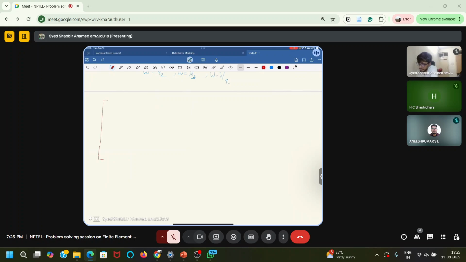I can write them as a linear system of equations, which will look like integral of d square N1 by dx square, EI, into d square N1 by dx square dx. Similarly, the second term will be d square N1 by dx square EI into d square N2 by dx square dx.